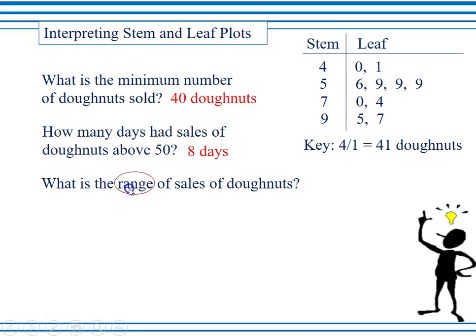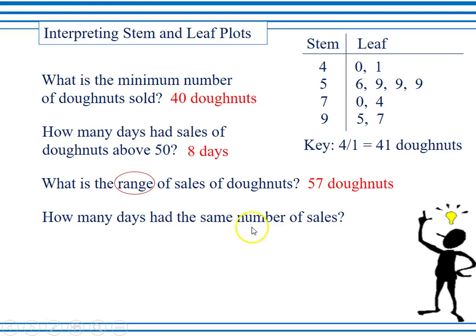What is the range of sales of donuts? So range was a vocabulary word. For range we would look at the largest number sold in one day, that would be 97, and the smallest number sold in one day, that would be 40. So the range finds the difference between the maximum number of donuts and the minimum number of donuts. 57 donuts. 97 minus 40 is 57 donuts.